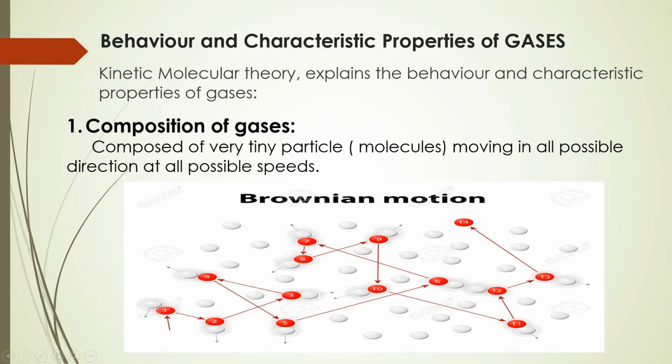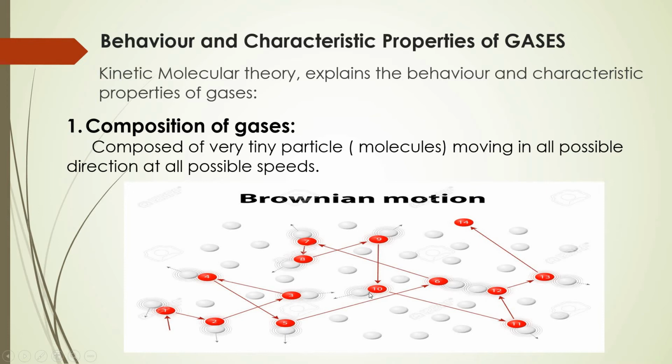Since these molecules are very tiny and there is lots of space available, this molecule of gas can move from one place to another place. From this position, it again can come to this place. Over here, it can collide with another molecule and change its direction. Again it collides with another molecule and reaches over here.